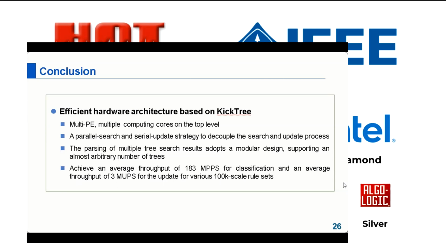The parsing of multiple search results adopts a modular and hierarchical design, supporting almost an arbitrary number of trees. Experimental results show that it can achieve an average throughput of 183 Mbps for classification and 3 MUPS for updates for various 100K scale rule sets.